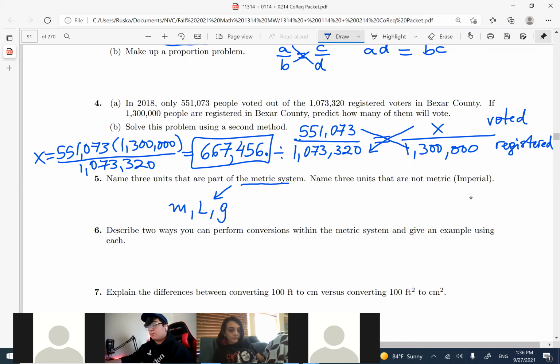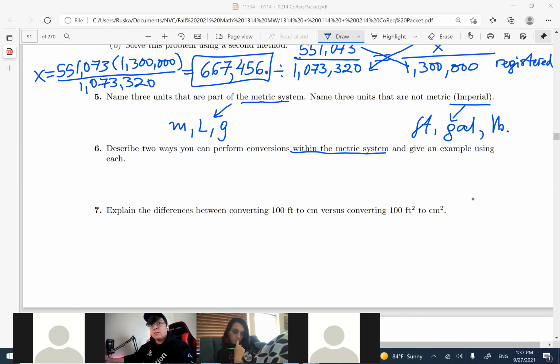They say use 2 different ways. Let's transfer what to what. Somebody have an idea? Give me a metric. So let's say meter to kilometer. Let's start with that. So I have meters, I want to go to kilometers. How are you going to change that?